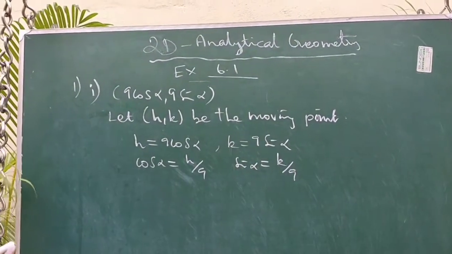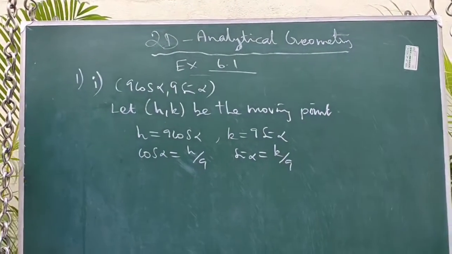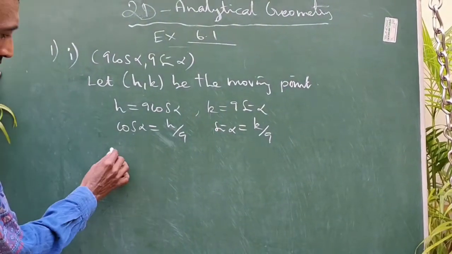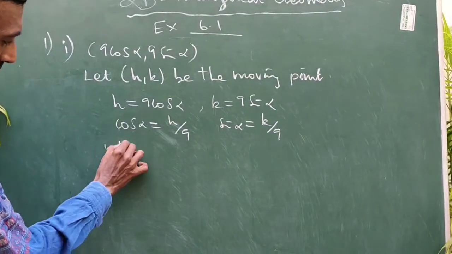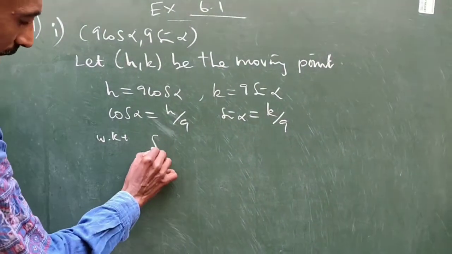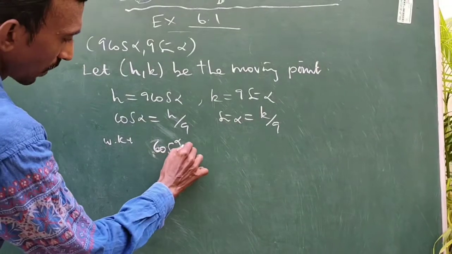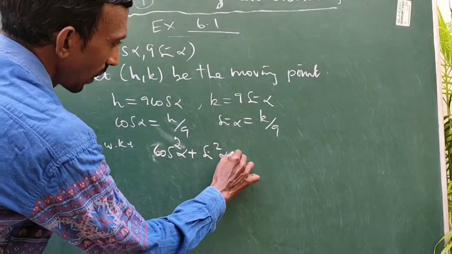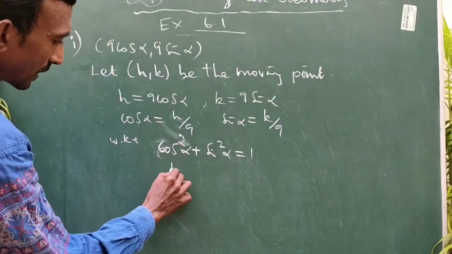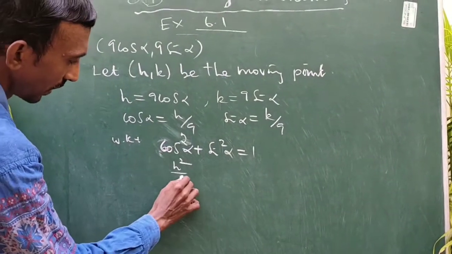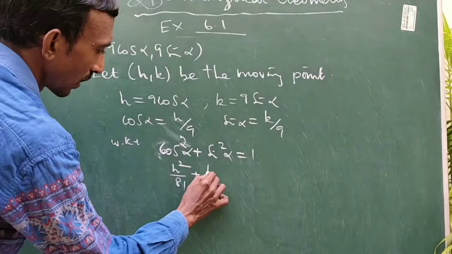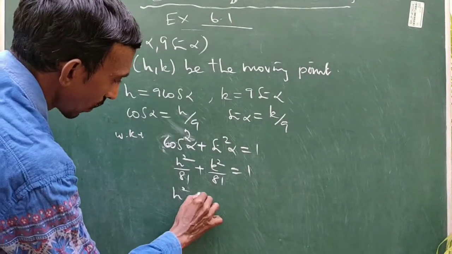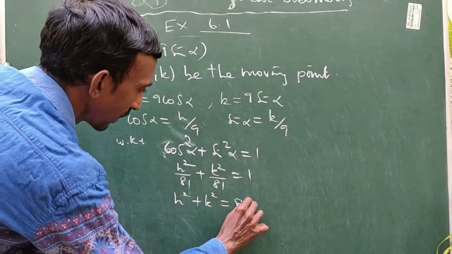The simple procedure is squaring and adding, because we know that cos square alpha plus sin square alpha equals 1. So h square by 81 plus k square by 81 equals 1. So h square plus k square equals 81.